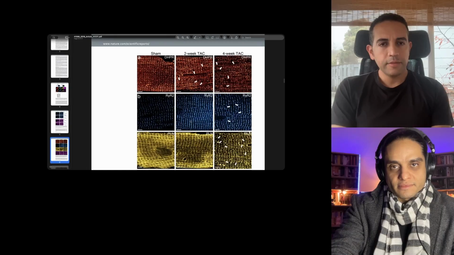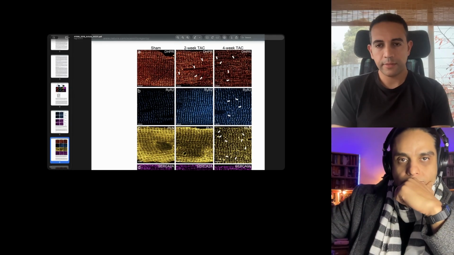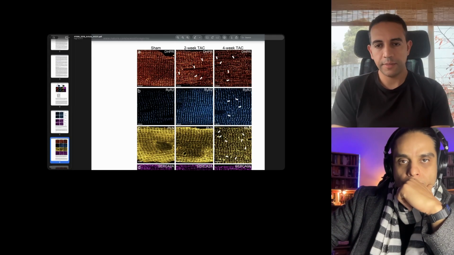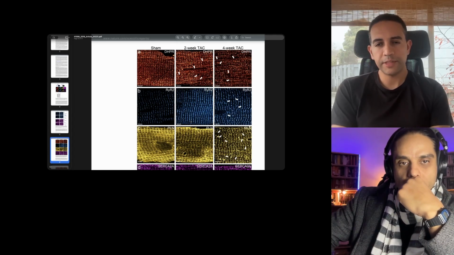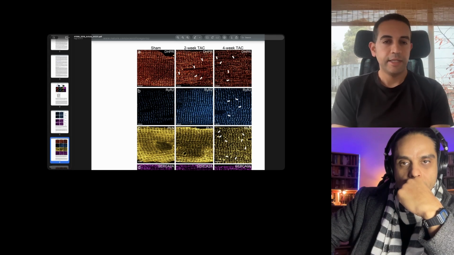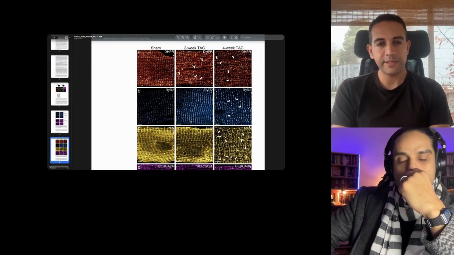So the collaborator provided us with cells that were non-diseased and cells that had come from animals that were models for hypertrophy, and that was, I think, achieved by intentionally constricting a very key blood vessel, I think the aorta, as a way to enlarge that heart. And eventually there was a lot of very non-trivial sample prep done by our collaborators as a way to get us these cardiomyocytes in a very good state.